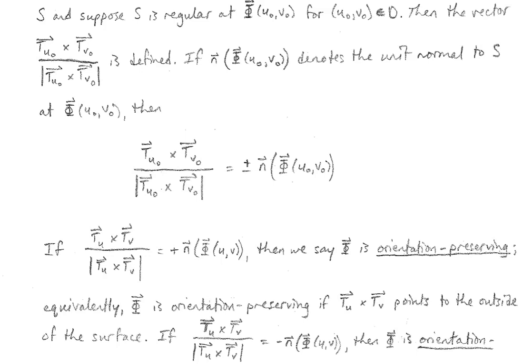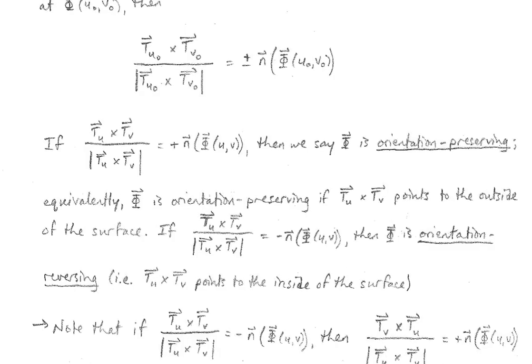But really what you need to know is that if your parameterization Φ is orientation preserving, then that cross product vector, t_u cross t_v, points to the outside or the positive side of our surface.